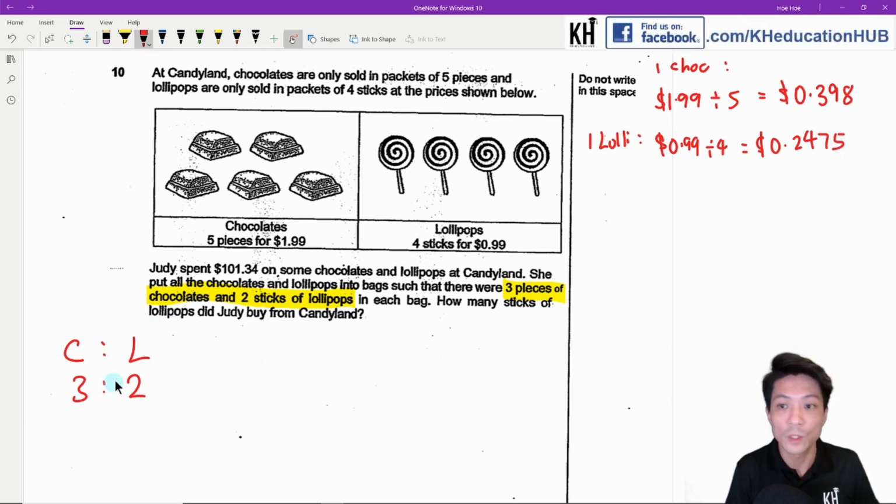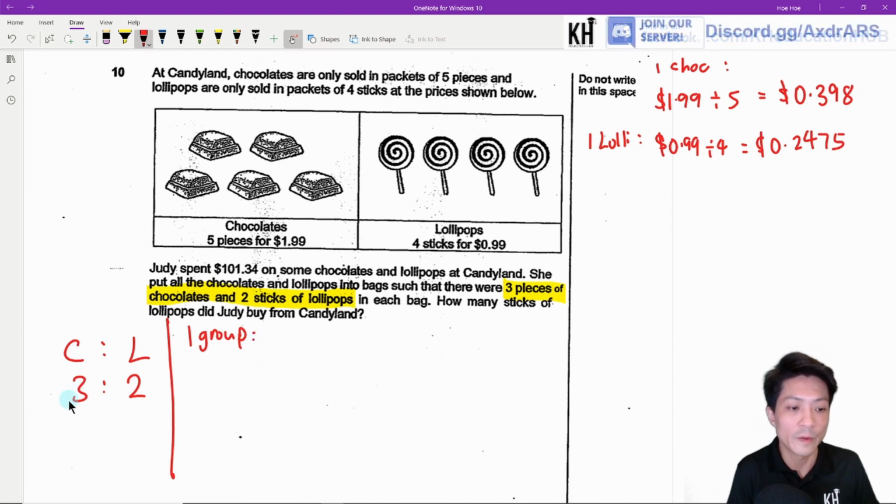So in this question, we're going to use the grouping method. You're going to treat 1 group, and 1 group will have exactly 3 chocolates and 2 lollipops.